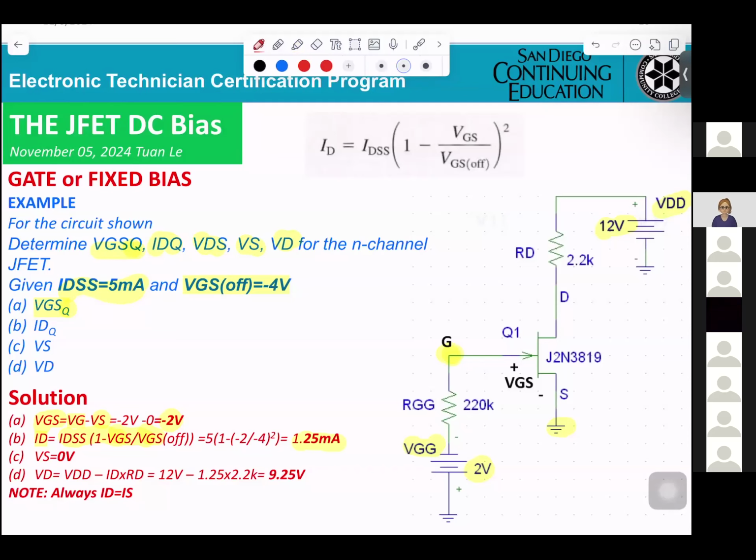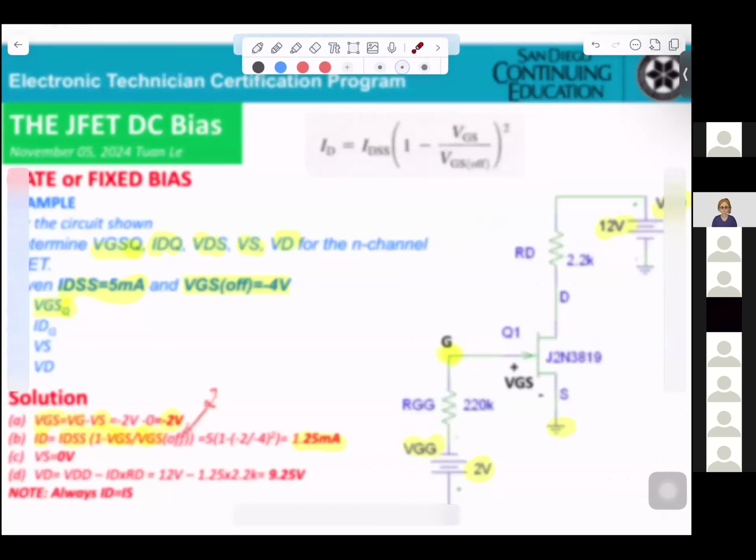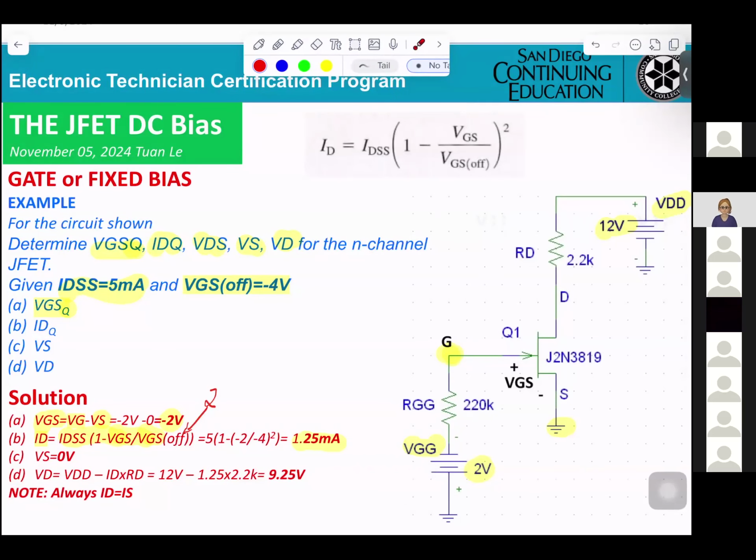So like the formula, you have to get the square. So that's why we now calculate the IDQ.